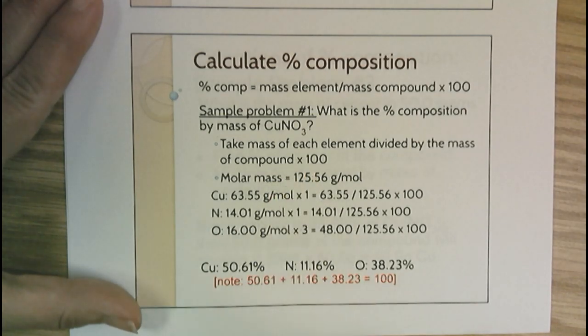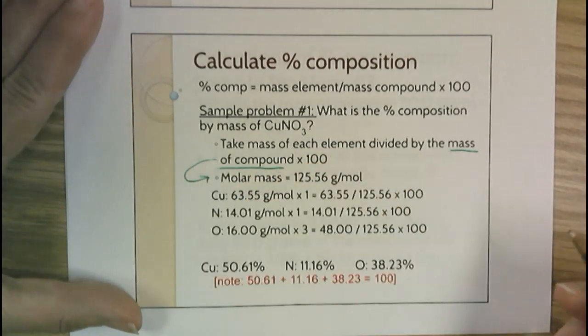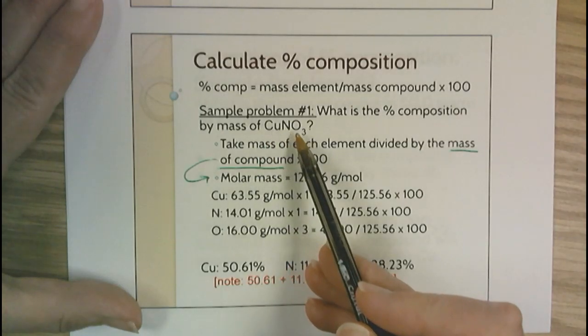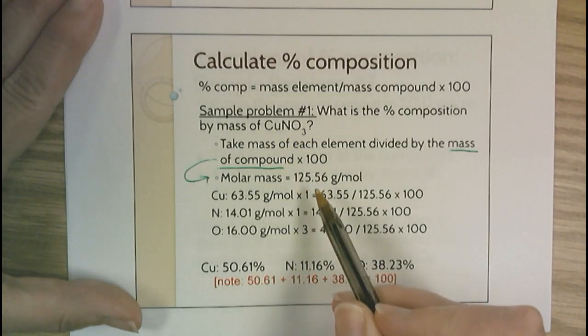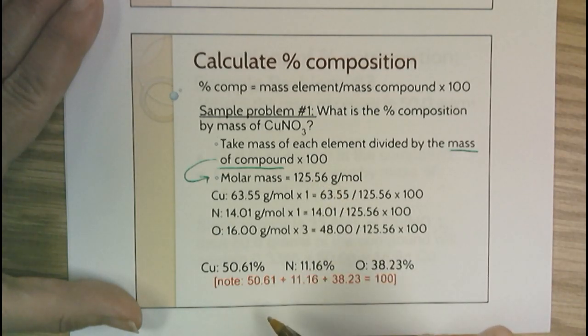Well, when it says mass of the compound, that just means the molar mass. So you just find the molar mass of copper and nitrogen and then 3 oxygens and add it all together and you'll get 125.56 grams per mole. That's the molar mass of copper 1 nitrate.